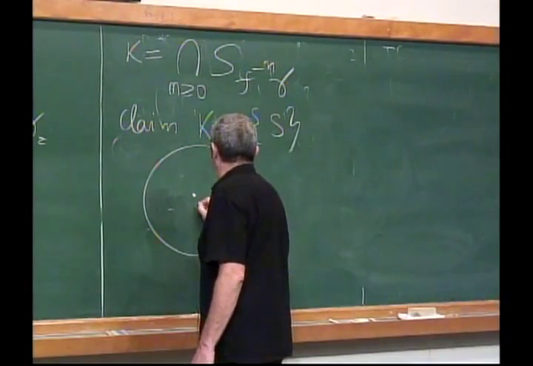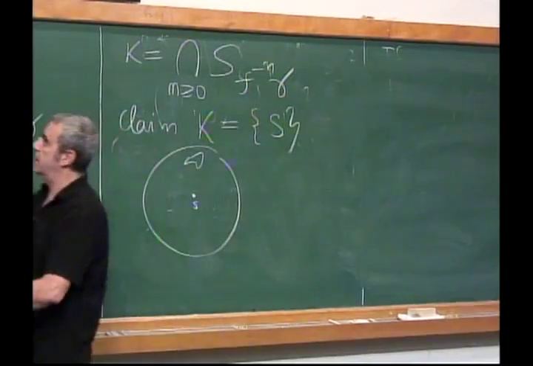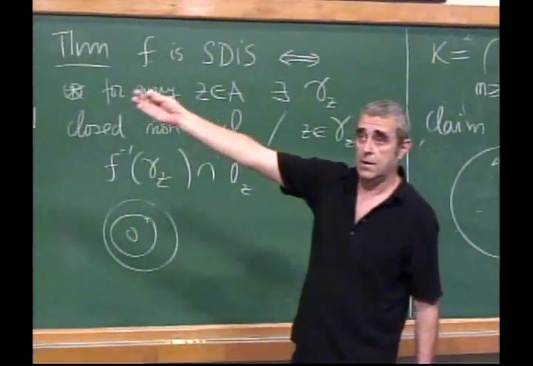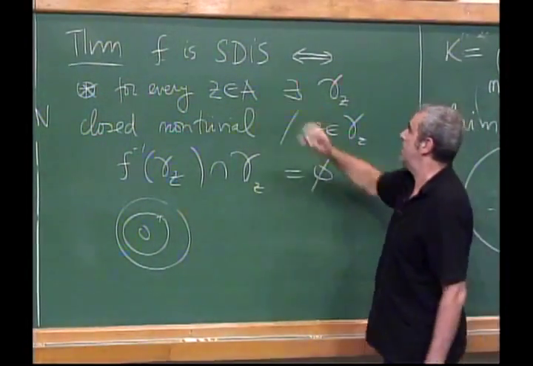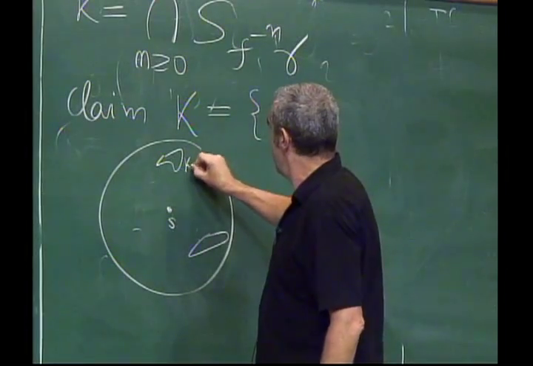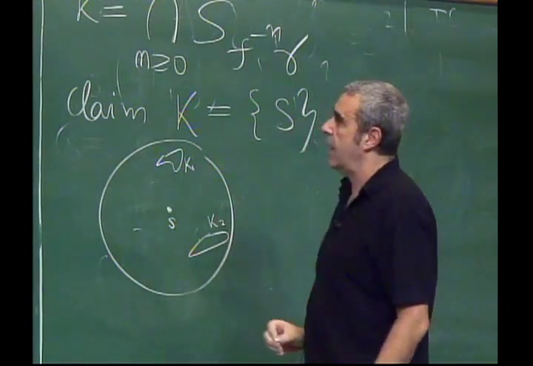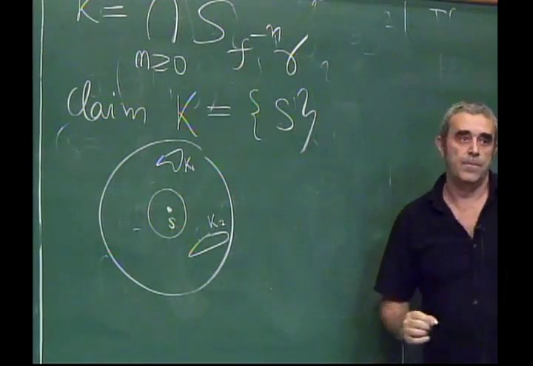You have south here. Take two compact sets. Now I will prove that the map is strongly dissipative. Okay? We use this hypothesis, and I will prove that the map is strongly dissipative. Take two compact sets anywhere, K1 and K2. Take a neighborhood V of the south, disjoint from one of them.